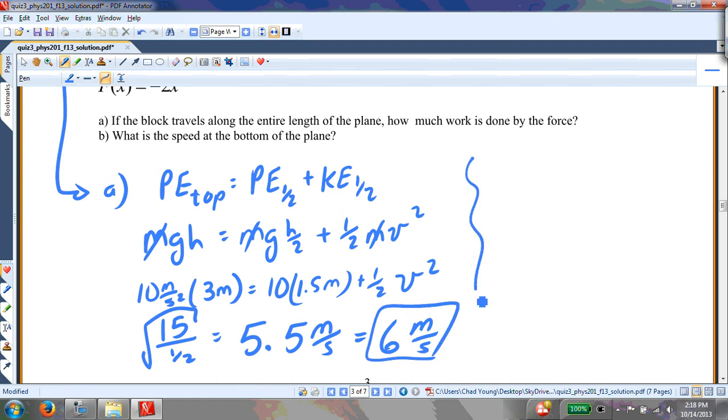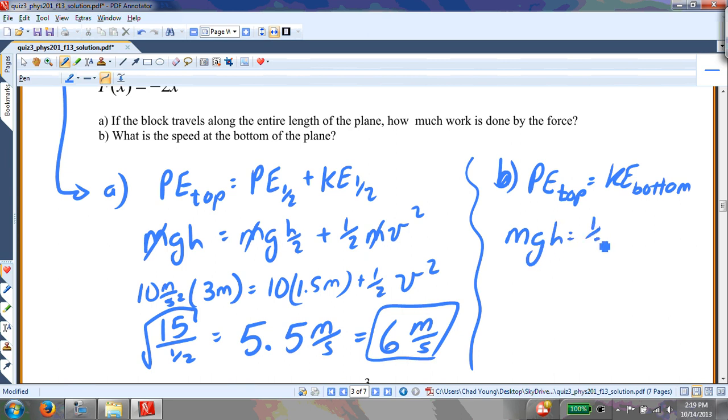I also want to know what is the velocity at the bottom. This is a little bit easier. It's part B of part 1. I'll start again. Potential energy at the top equals the kinetic energy at the bottom, because the potential energy at the bottom, since h equals 0, is also 0. So that's mgh = 1/2 mv squared. Masses cancel. I'm solving for v.